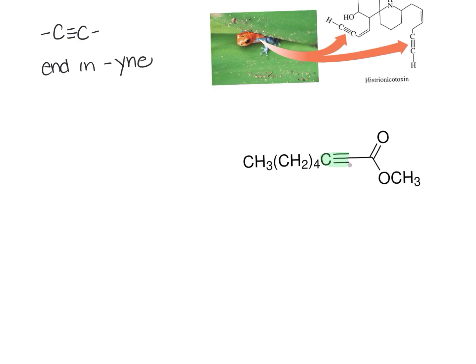So I want to point out that at this kind of angle right here, there's a carbon. Okay, so that's where that carbon-carbon triple bond is coming in from. So then the name of this molecule is methyl 2-octanoate, and it's an ester, which we'll talk about later, but it's an allergen found in cosmetics.